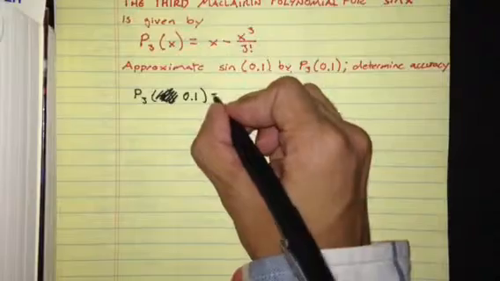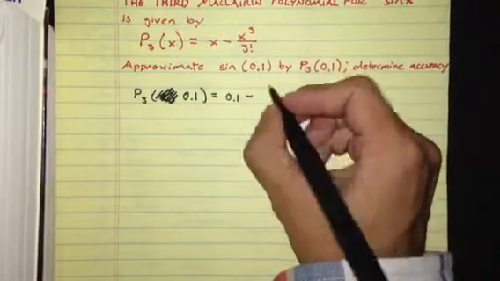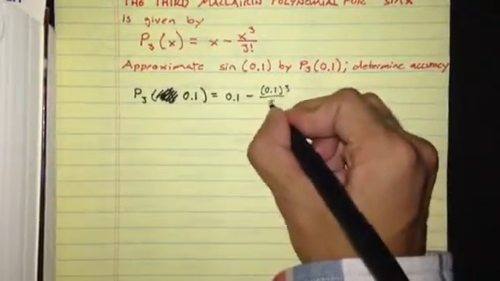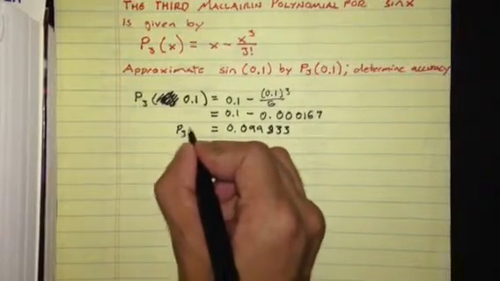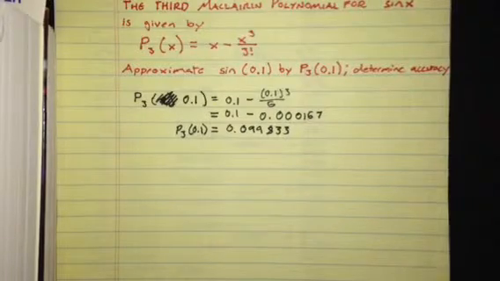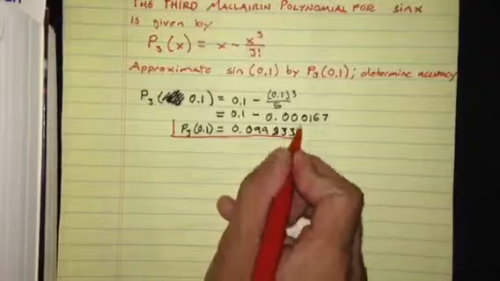The way you'll solve this is just by plugging into the function that was given to you, and that's the value of p sub 3 of 0.1. So that's the approximate value right there.